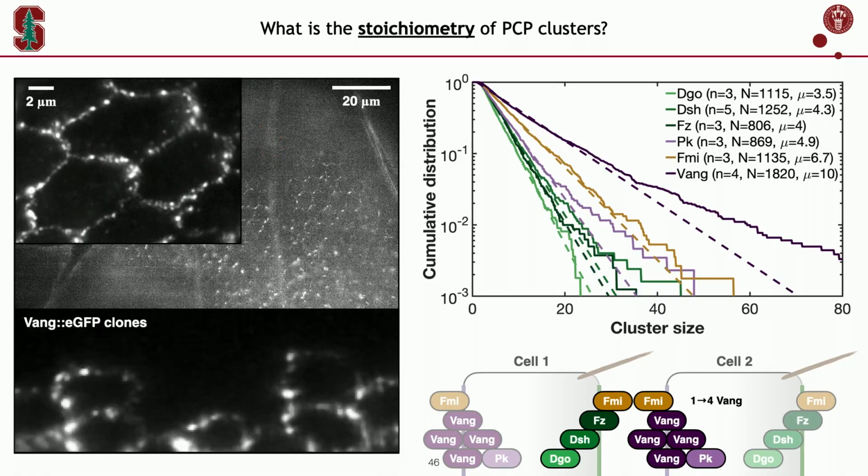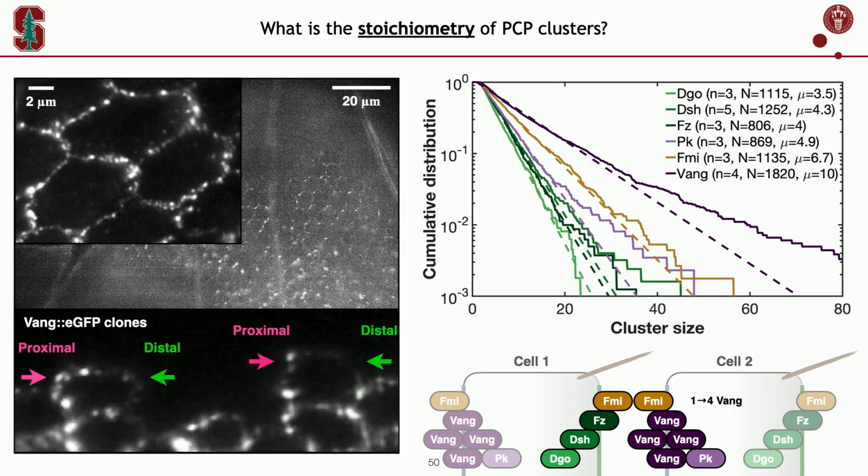So fly genetics allow me to make clonal and boundary experiments like the ones I'm showing here, with a subset of the cells having expressed GFP, and another subset on the top not having GFP. And thereby, I can identify the size of proximal clusters and the size of distal clusters, separate the two sides.